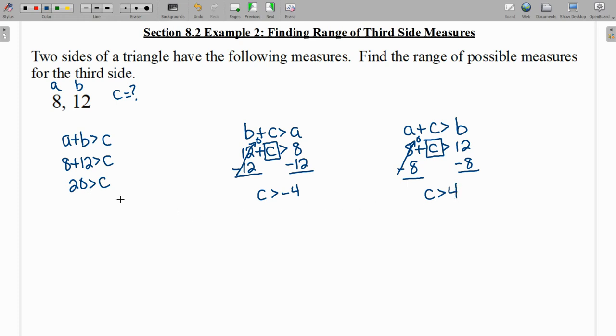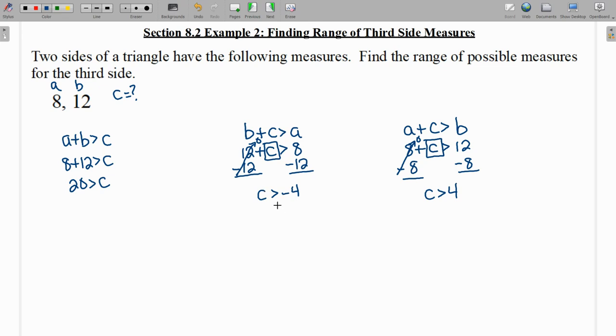Going back and looking at the results of our three criteria, the first one says that our C values have to be less than 20, which is reasonable. We can have C values of 15 or 10 or 7 or 8.5. That is possible, so this is okay. The second criteria says that C values have to be greater than negative 4.